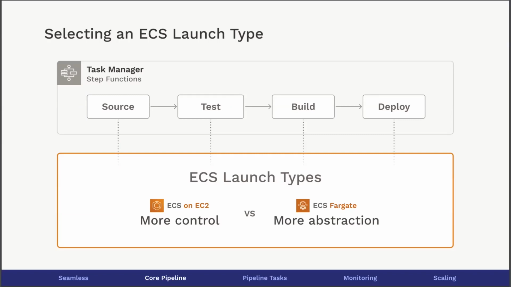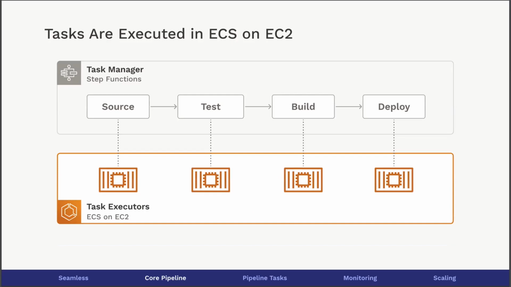With ECS on EC2, the user has more control, but with Fargate, AWS does all the management. For our case, the deciding factor was that we actually needed that additional control. Some of our tasks run Docker commands inside of Docker containers, and we achieved this by having access to the host machines. Therefore, we chose ECS on EC2 for executing tasks.